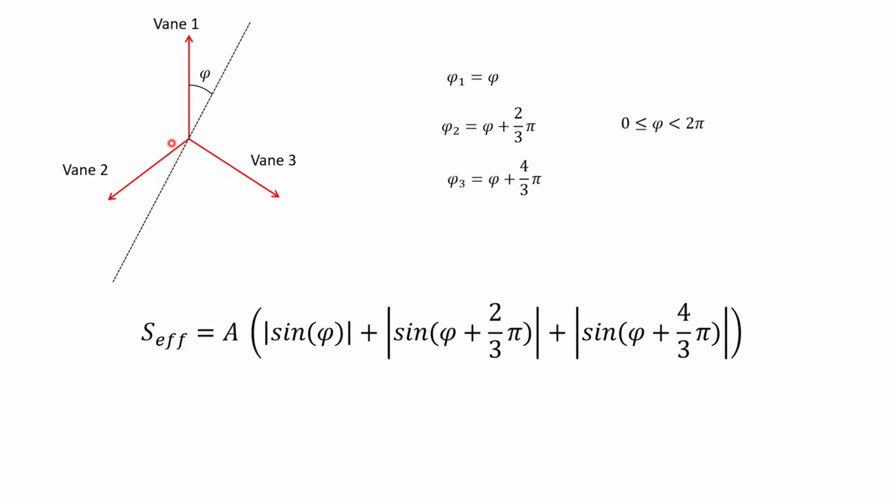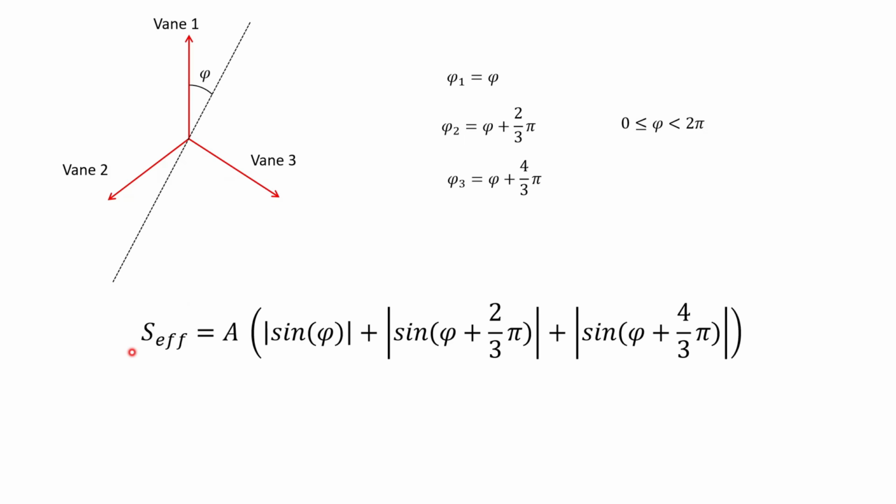So how much surface area is contributing to correcting your arrow flight? You have the component of vane 1 orthogonal to your axis of instability, the orthogonal component of vane 2, and the orthogonal component of vane 3.